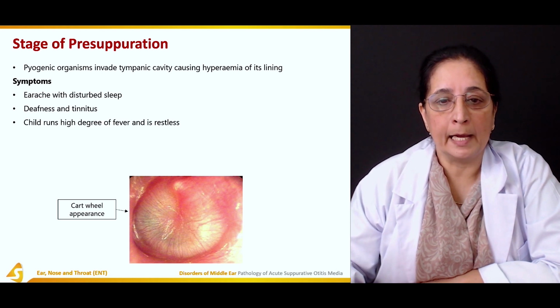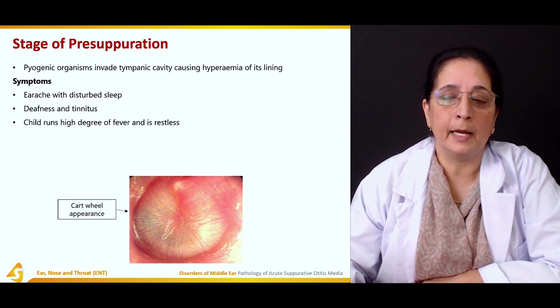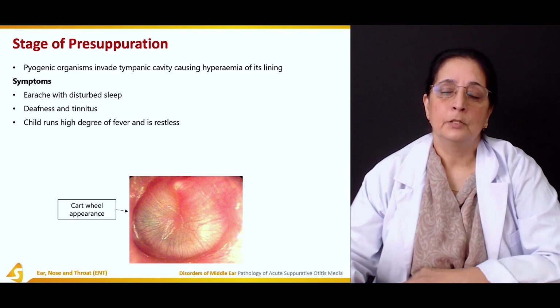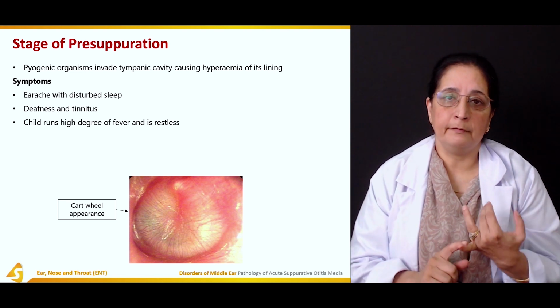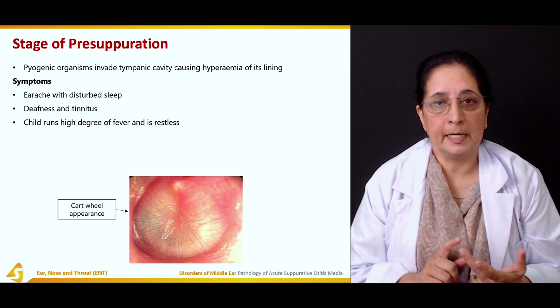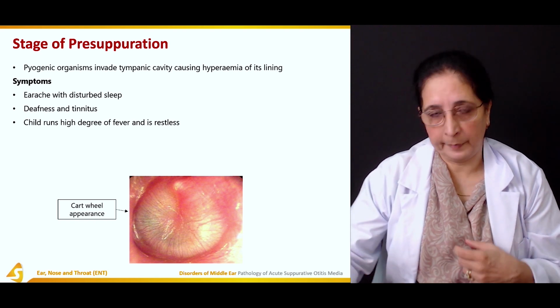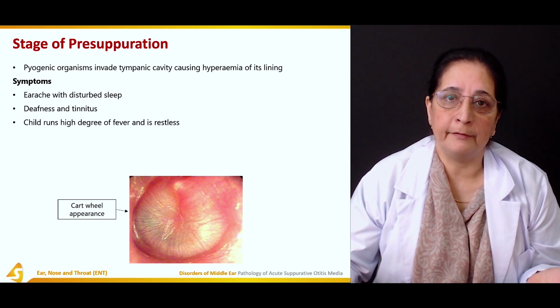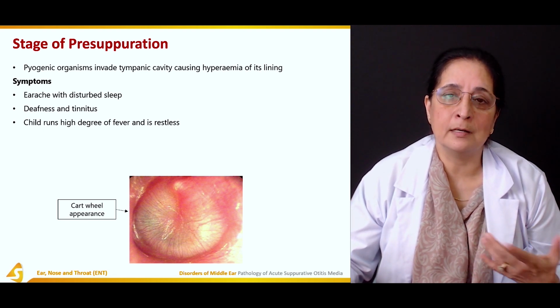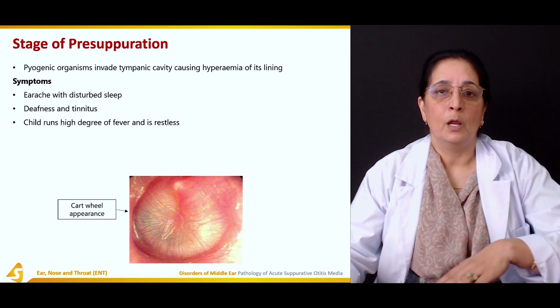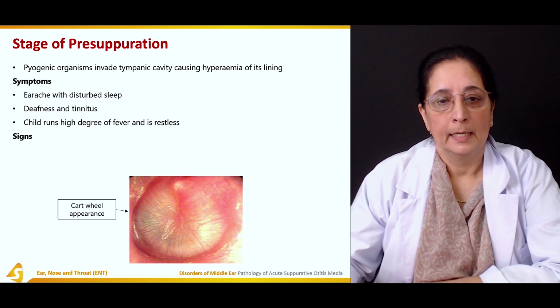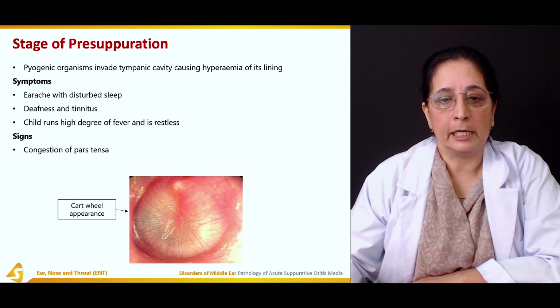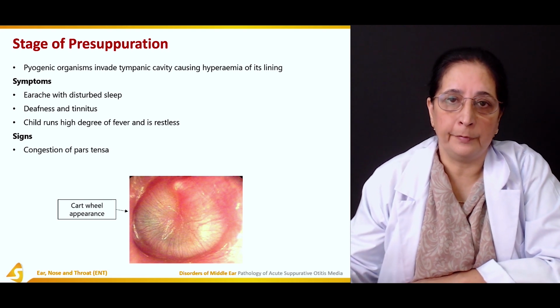Child runs a high degree of fever and is restless. So there is pain, fever, deafness, and tinnitus. And in children, usually they cry a lot because they are very restless and they cannot describe their discomfort very well also.